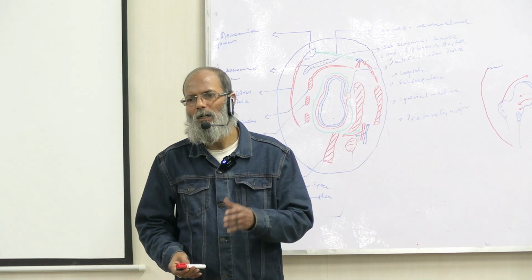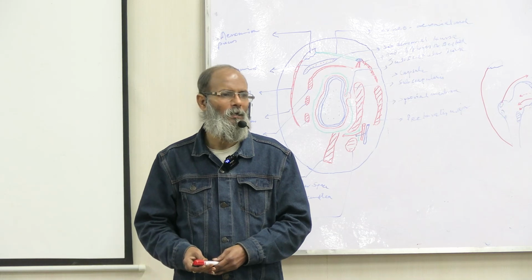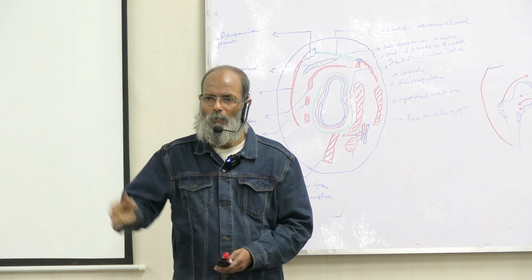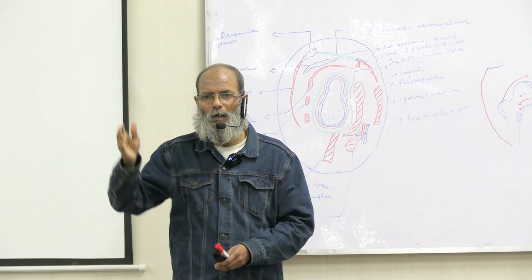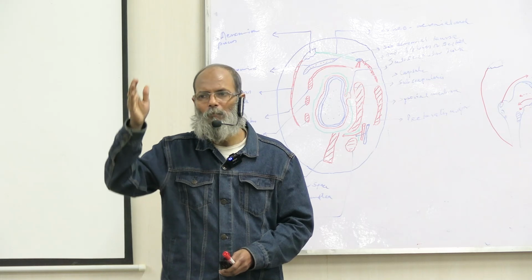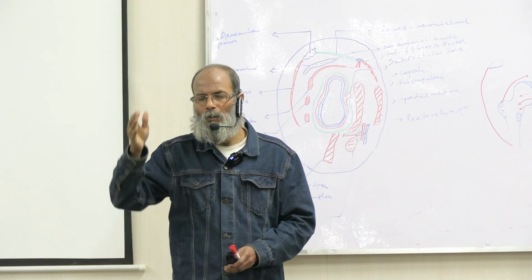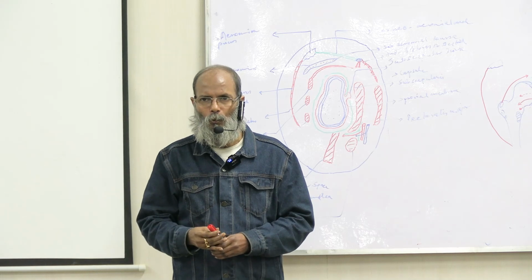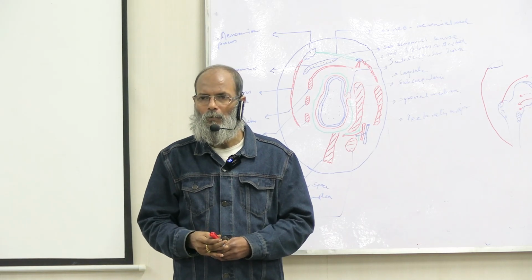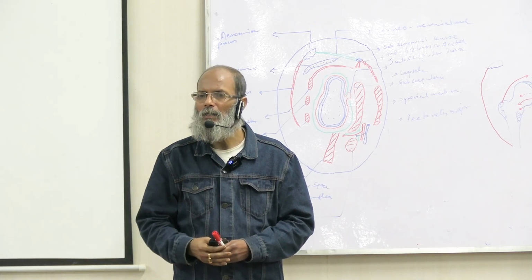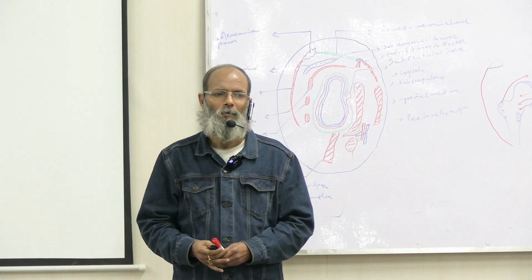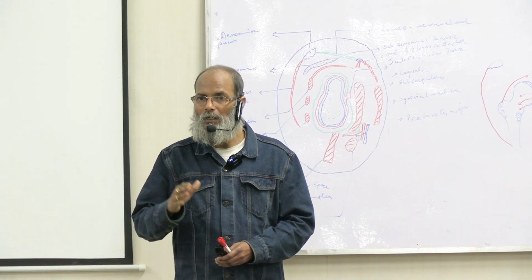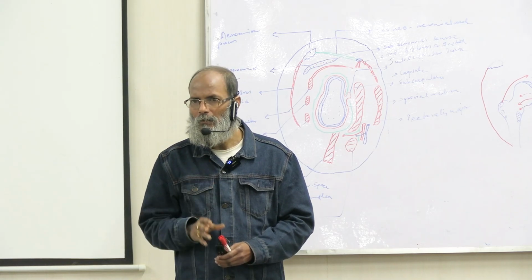Now another question that comes is the elevation of the arm above the shoulder. How is the arm elevated above the shoulder? Now shoulder elevation is up to 60 degree when there is medial rotation of the humerus.